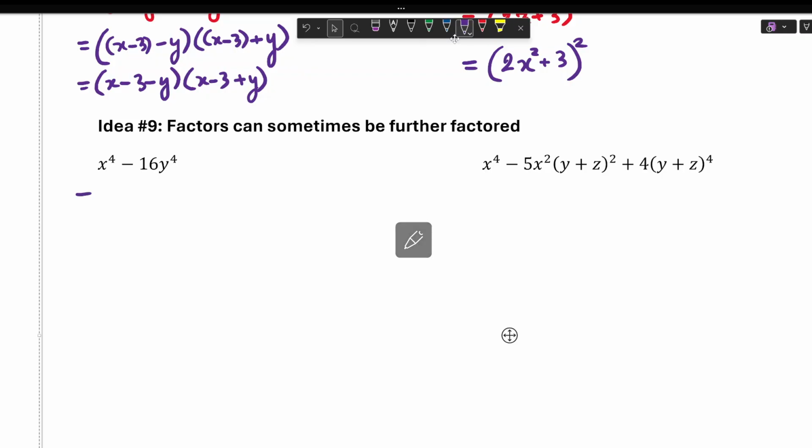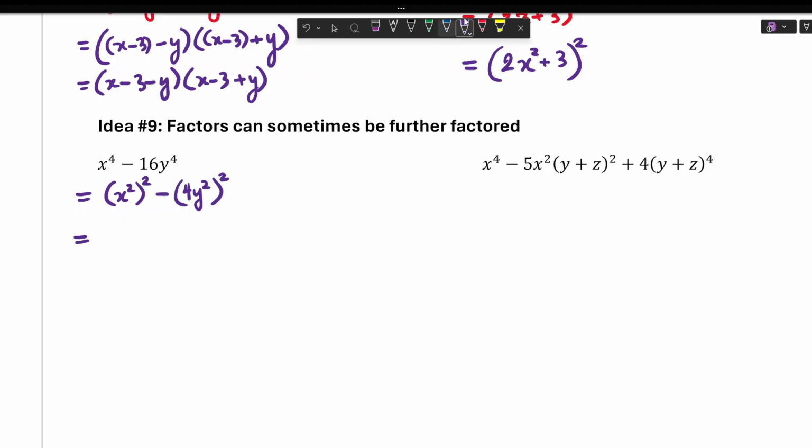So this first one, x squared minus 16y to the power 4, you might notice is a difference of squares. How so? Well, you have x squared squared, and you have 4y squared squared.